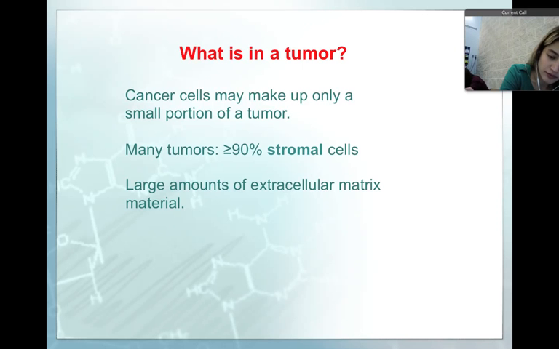But a lot of tumors, almost all of the cells are non-cancer cells. And the general term for all of the cells that are in a tumor besides the cancer cells is the stromal cells. They just refer to the whole thing as the stroma. The stroma is everything else.